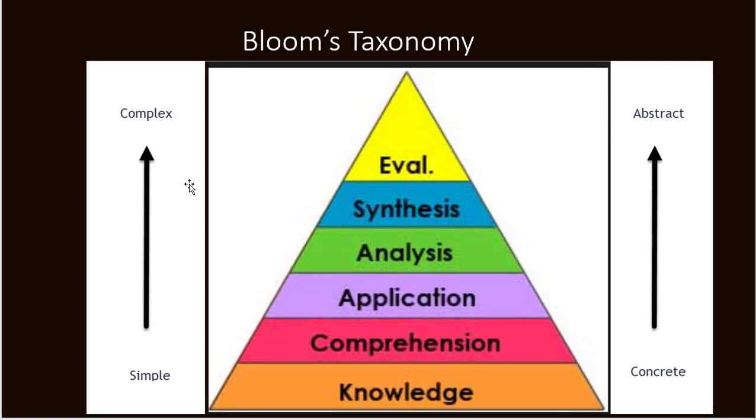Some of the courses probably might never reach evaluation. A kindergarten, for example, first grade, second grade, even English 101 might not reach the evaluation and synthesis. Some classes will be between the knowledge, comprehension, and application. Some classes will start at the application, or will start at the analysis.